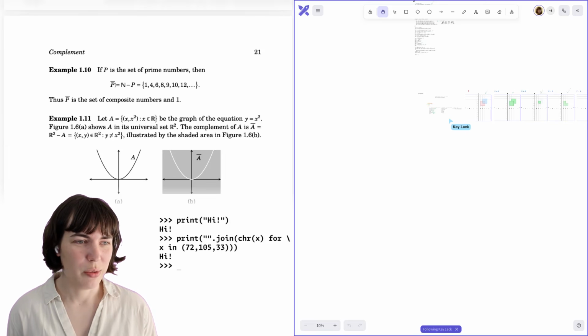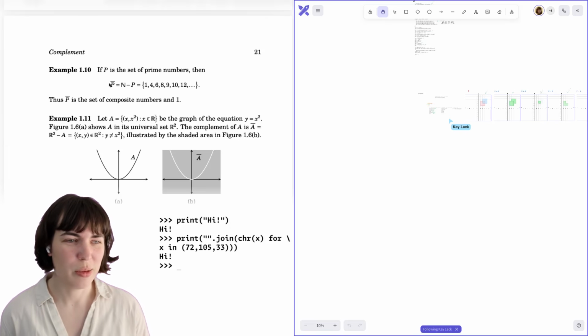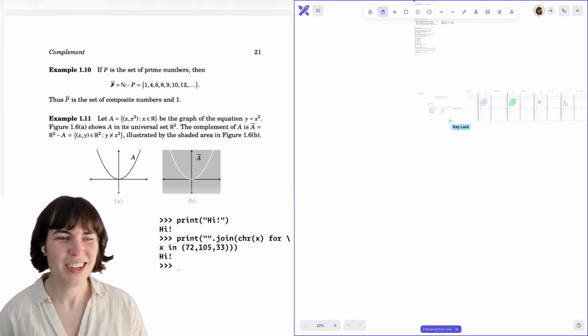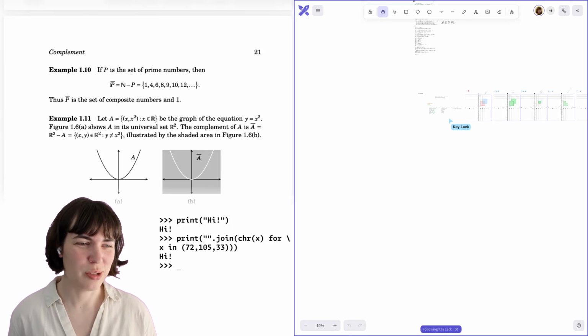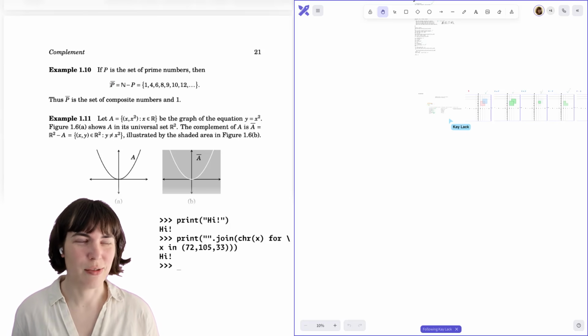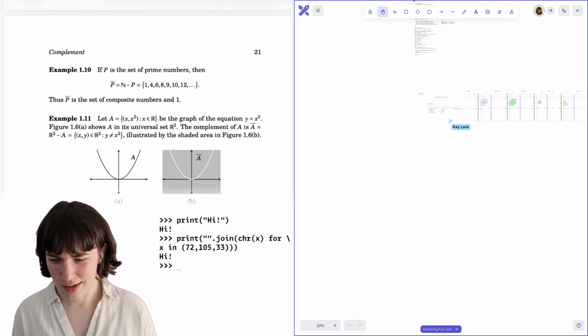Wait, no, it's nothing to do with that, P equals NP. Sorry, I just got excited there. There might be some computing going on. No, it's nothing to do with it. But then again, it is a set, right? P equals NP, is that put in terms of a set?